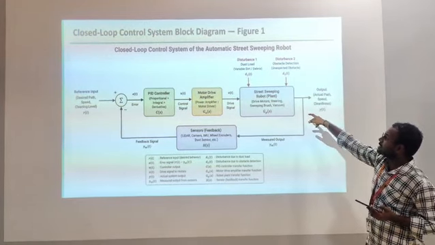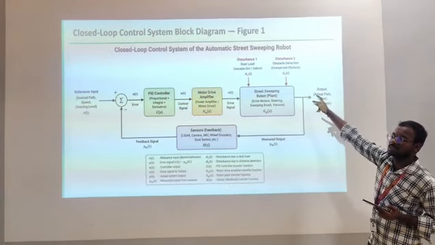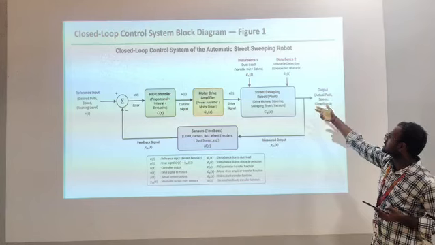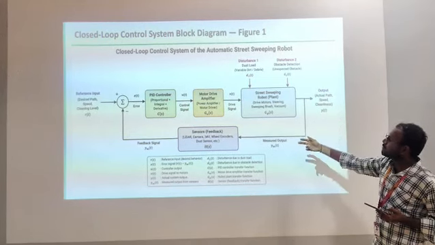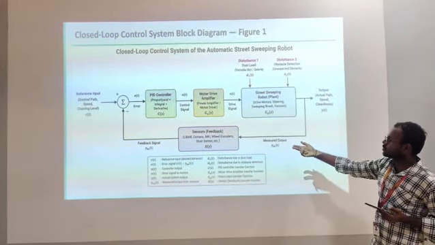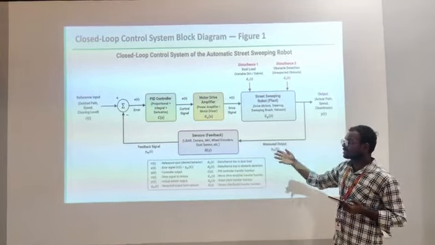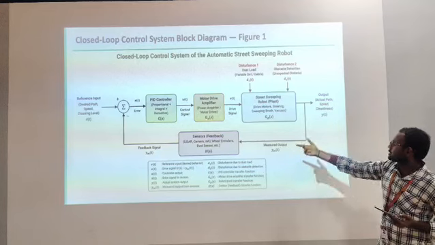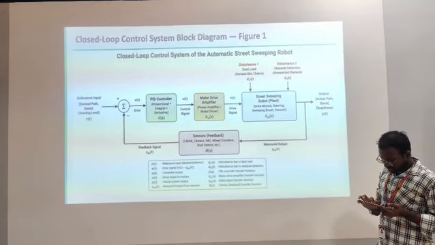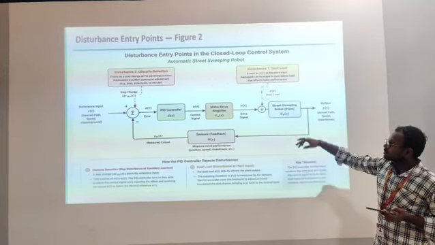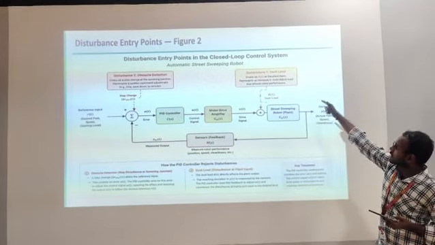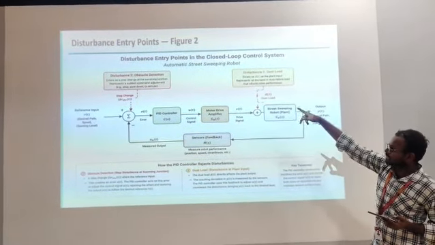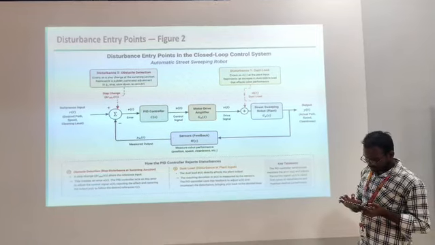In this plant system you will have two disturbances majorly, which we will discuss in the next slides, and the feedback loop is connected through sensors where the error is reduced using this feedback network. So we have two disturbances, one is the dust load and the other is object detection.